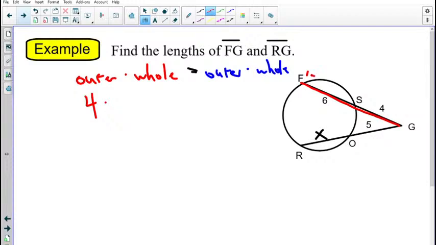To get the whole segment all the way across, this is the most common mistake I see in setting these up. We want the whole segment here. So I have a 4 here and a 6 here. That's a total of 10, 4 plus 6. I want the whole thing there, not just the inner part. So I have the outer, which is 4, times the whole thing, which is 10. That's what goes on the left side.